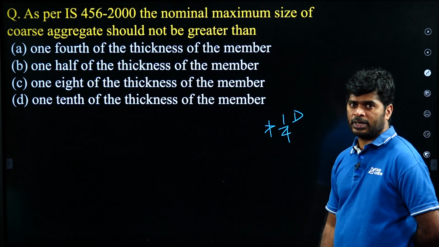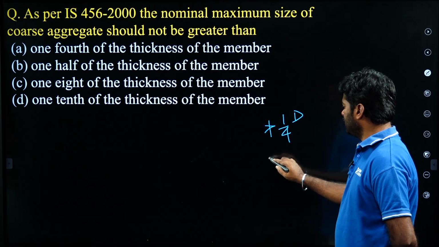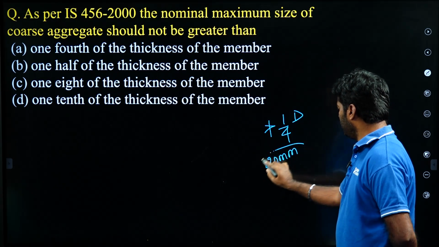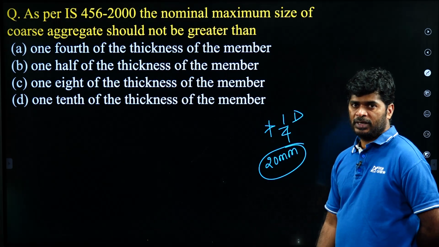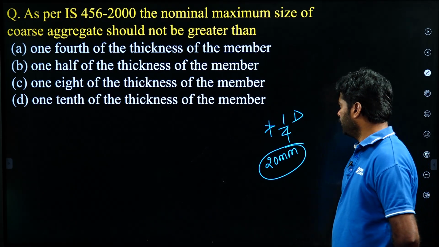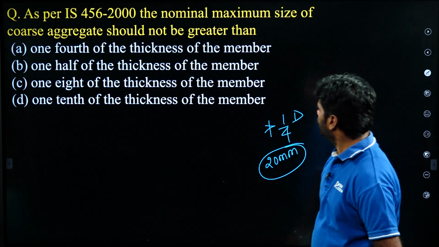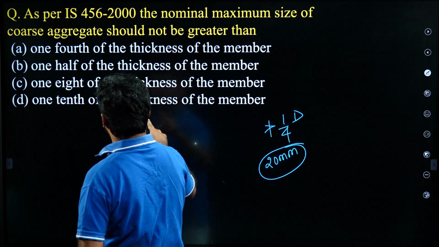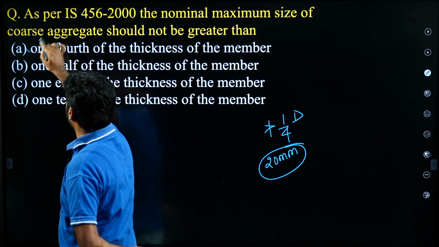But in RCC, in general, the maximum size of coarse aggregate used is 20 mm. Okay. Next question. Here 1/4 of thickness of the member. Option A correct.